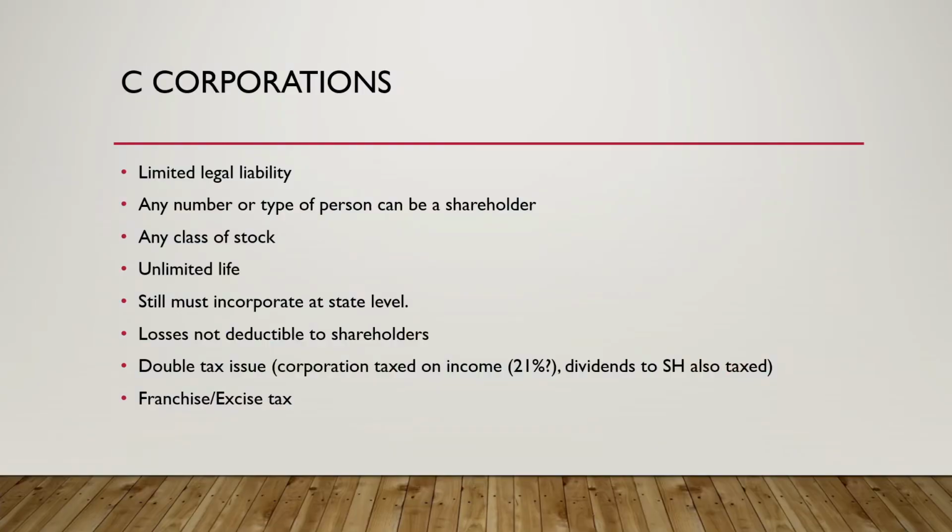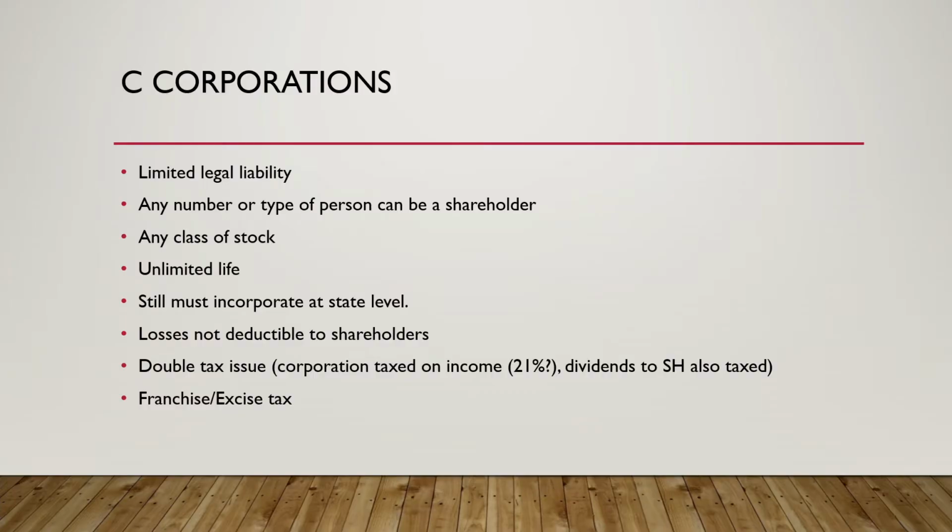Okay, so for C corporations, this is what we would initially set up at the state level before we file the S election at the IRS. With a C corporation and with an S corporation, there are mandatory state filings. You have to file the charters with the Secretary of State before that entity comes into existence.